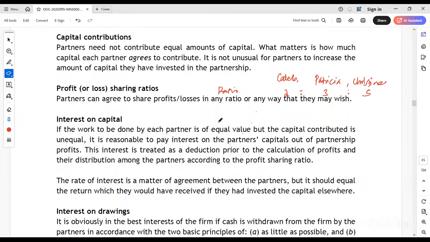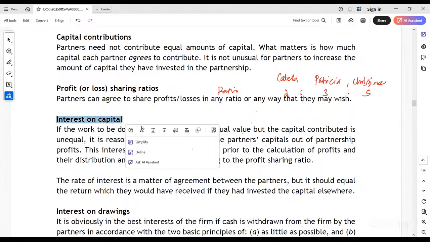I should be expecting interest on my money. So interest on capital, here we are strictly looking at the return on the capital that these partners have invested. Because if you invest your money, then you should expect a return.